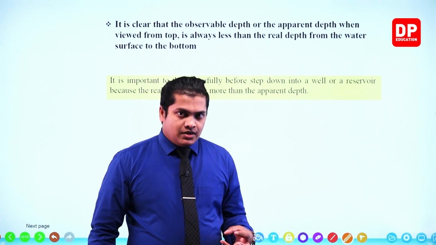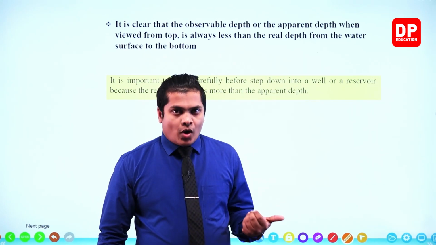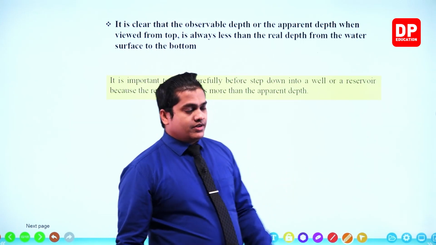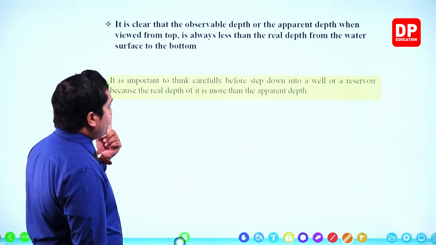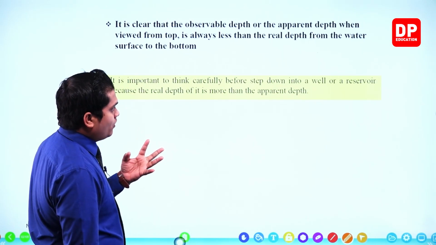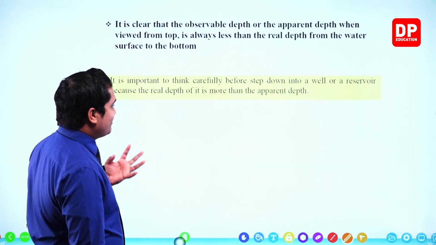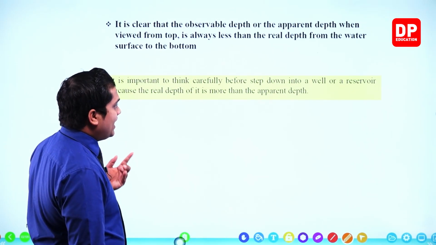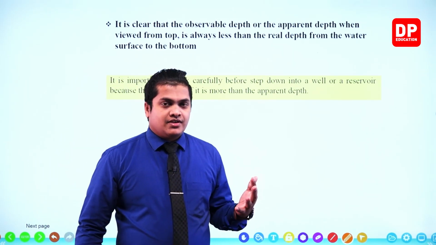So this phenomenon occurs mainly because of the refraction of light. So here it is given: it is important to think carefully before stepping down into a well or a reservoir, because the real depth of it is more than the apparent depth.